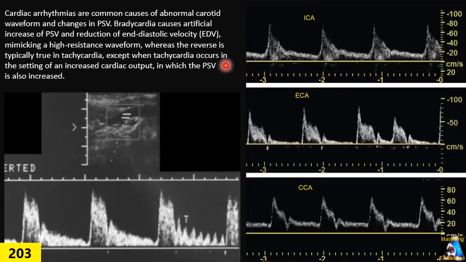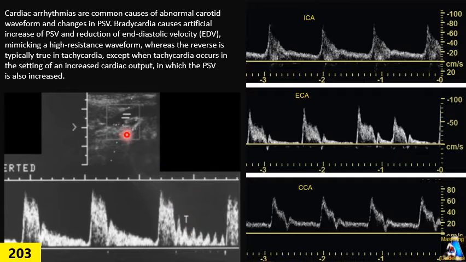Temporal is one of the terminal branches of the ECA that goes toward the face and passes through the anterior of the ear. In that case, if we put the sample volume at a vessel that we are not sure is ECA or ICA, we tap over the temporal artery many times.